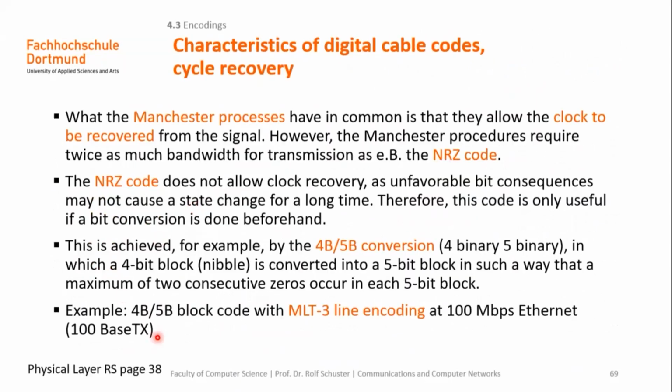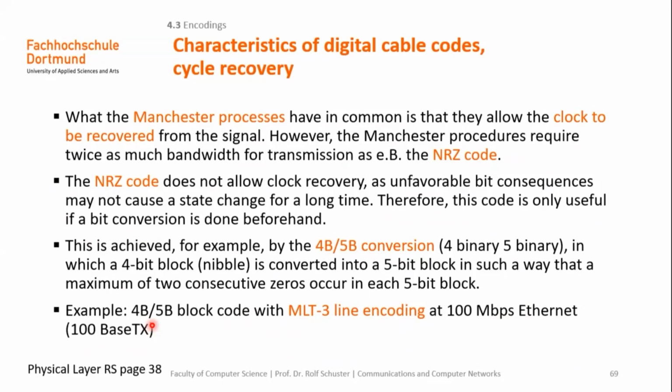The example of 4B/5B block code, in this case with the use of MLT-3 line encoding at 100 megabits per second Ethernet over twisted pair. This is the other combination of encoding techniques.